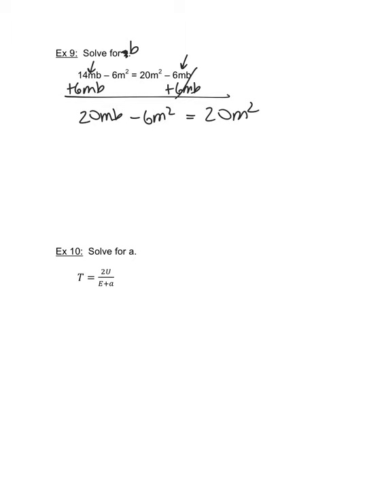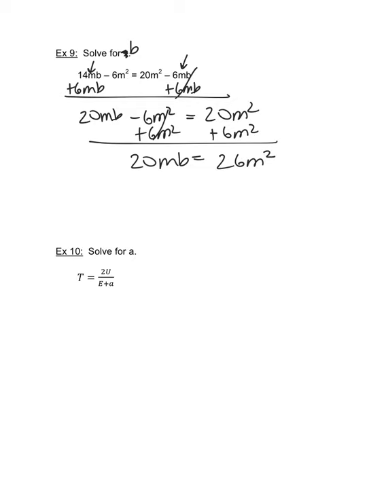Now, since I got the b's on the left, I'm going to get the m squared on the right. So I'm going to add 6m squared to both sides. And now I have 20mb on the left, and on the right, when I add these, I get 26m squared. The exponent just stays there when you add.